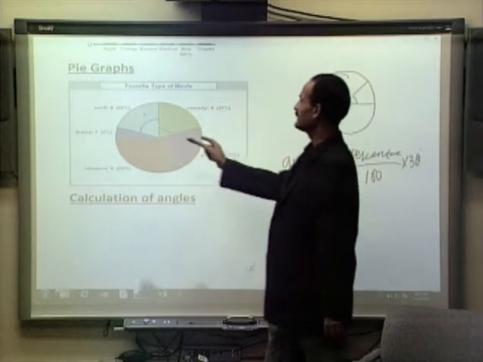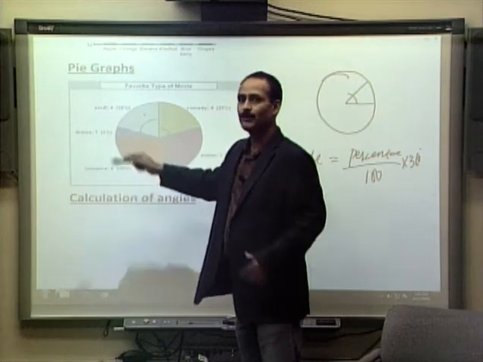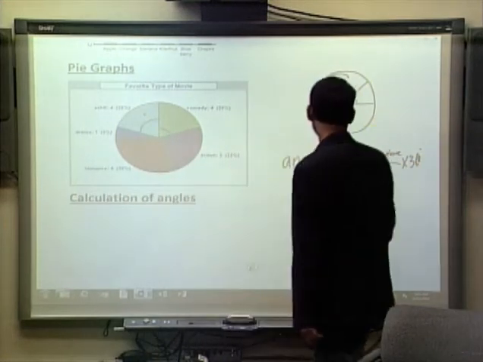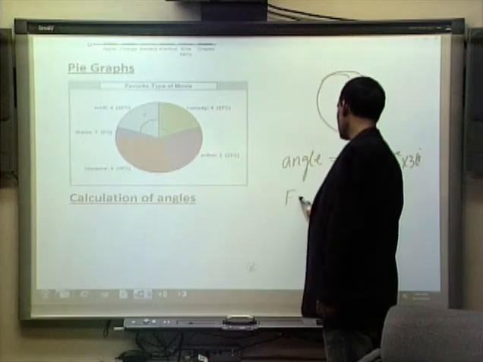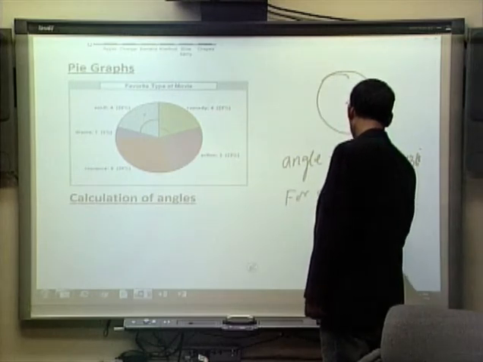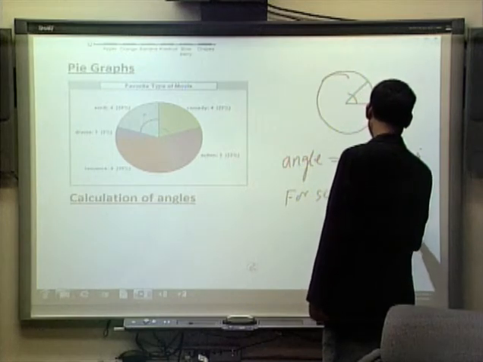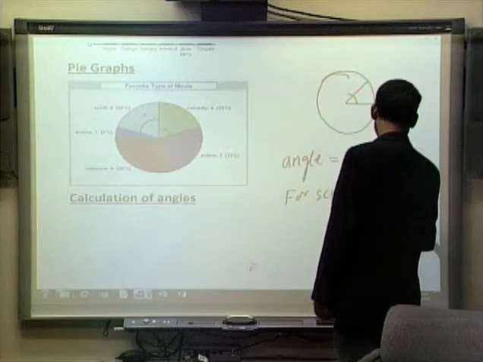Since there are 20% of the people who like science fiction, for science fiction this angle will be equal to the percentage, 20, divided by 100 times 360.